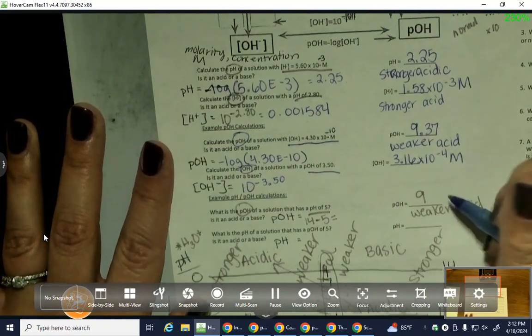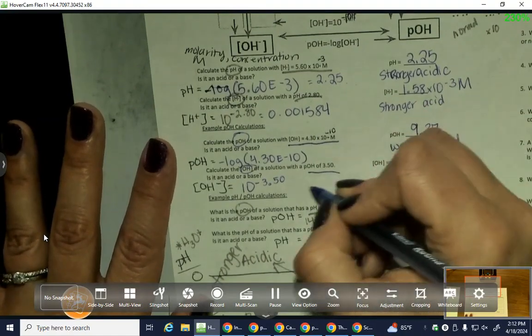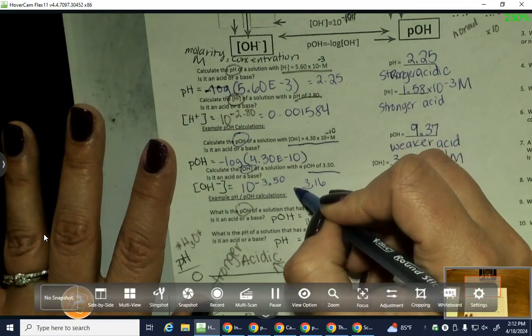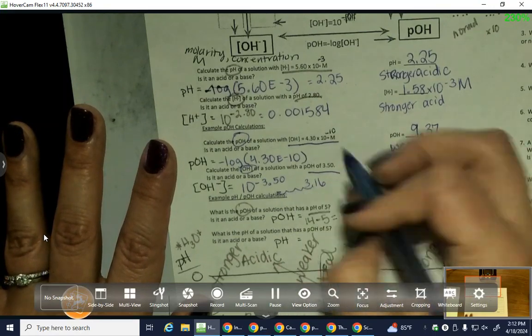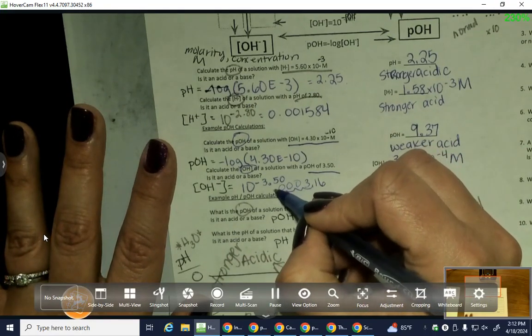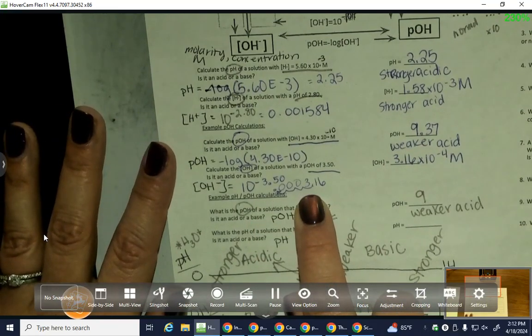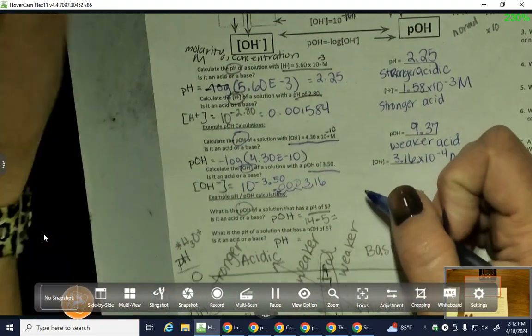Molarity, okay? Which is the same thing as me saying 3.16 and then sending that decimal 1, 2, 3, 4 times to the left. So your calculator might have said that, and that's fine. I just don't like writing zeros, okay? Alrighty.